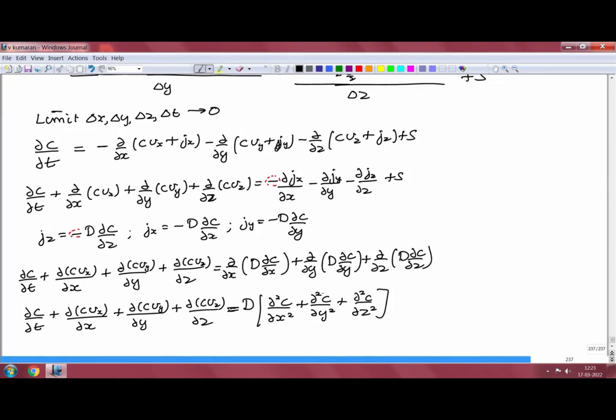So, these are the different forms of the mass conservation equation in a 3-dimensional Cartesian coordinate system, the convective parts on the left and the diffusive parts on the right.